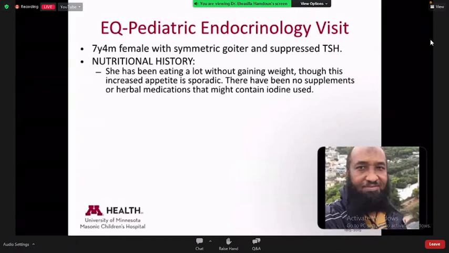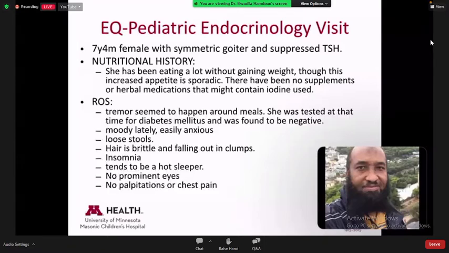We did nutritional history. It's not really helpful, except that she has increased appetite, but there is no weight gain. I think that's helpful. Review of systems: there is a little bit of tremor.